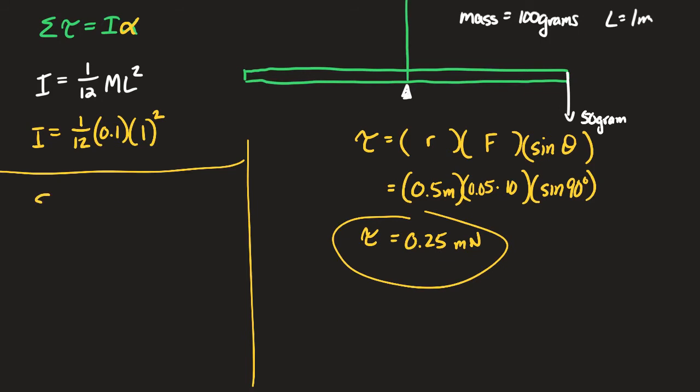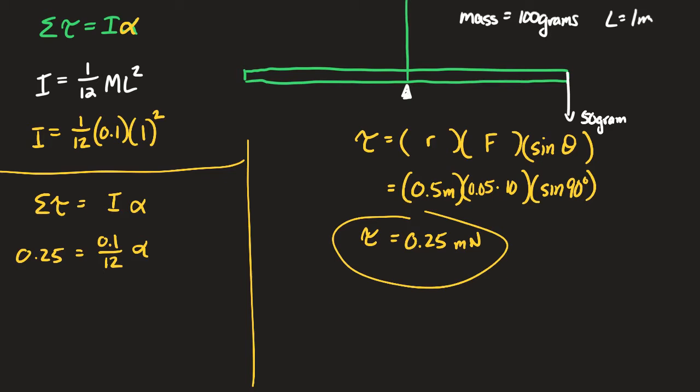Net torque equals I alpha. So 0.25 equals 0.1 times 1 squared divided by 12. I have a reason to do it this way. It's not a great reason. It's just laying it out for us.